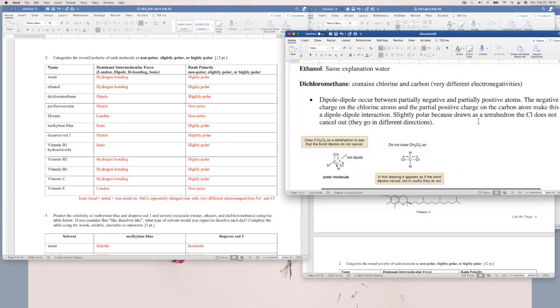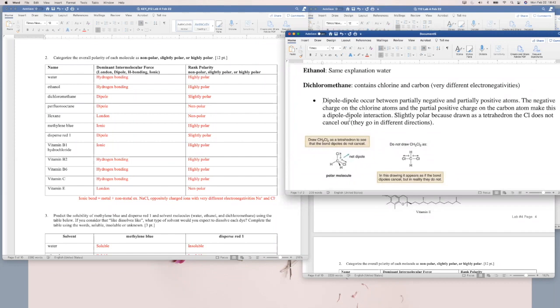That occurs when the negative charge of something and the positive charge of something are together. In this case of dichloromethane, it's the carbon and the chlorine, and it's going to be slightly polar.